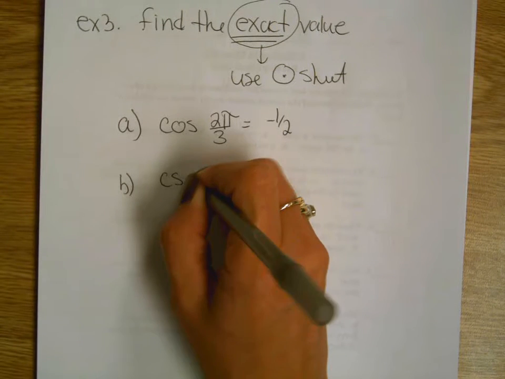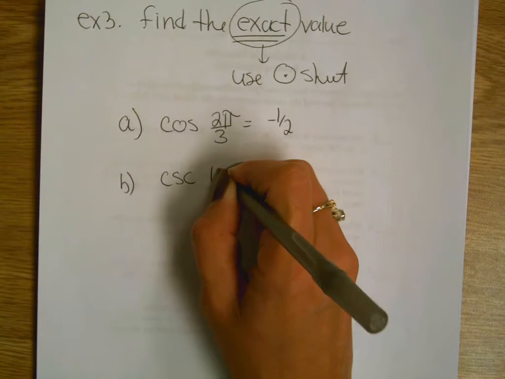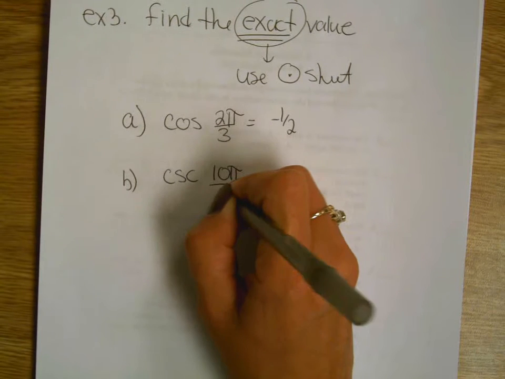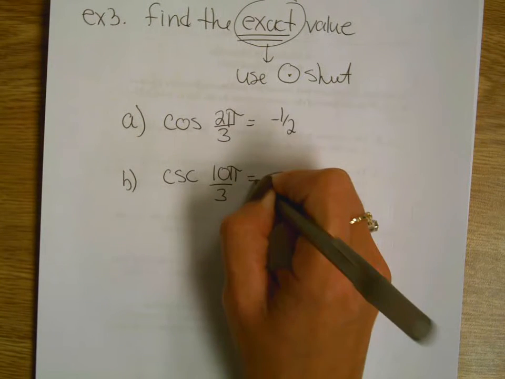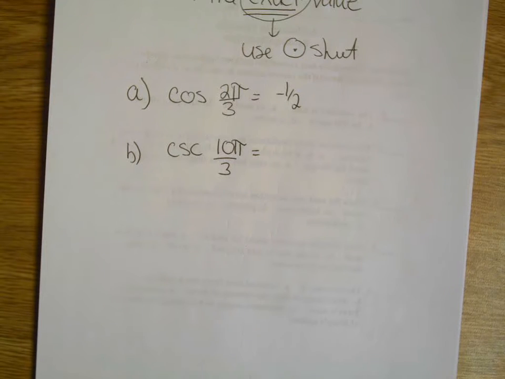How about the cosecant of 10 pi over 3? If you're searching your circle sheet for 10 pi over 3, you're not having much luck, are you?